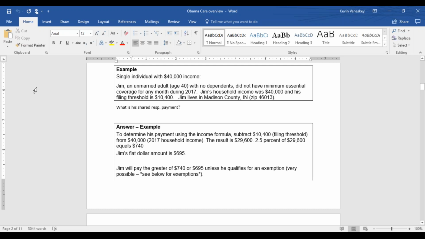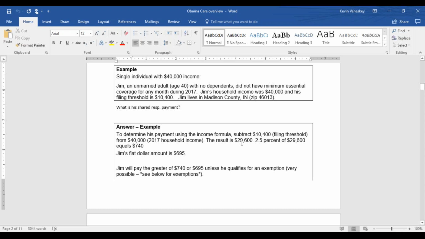So if we're going to figure out how much tax he's going to have to pay, we have to do 2 different items. We have to find the greater of 2.5% of his actual taxable income, or his $695. Remember, that was the amount per adult.